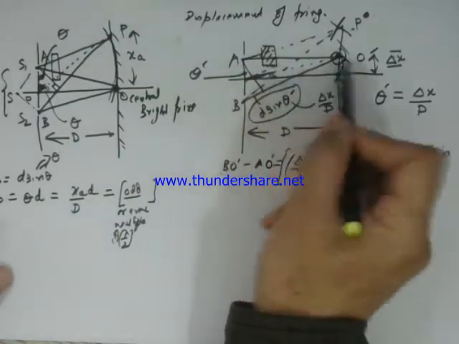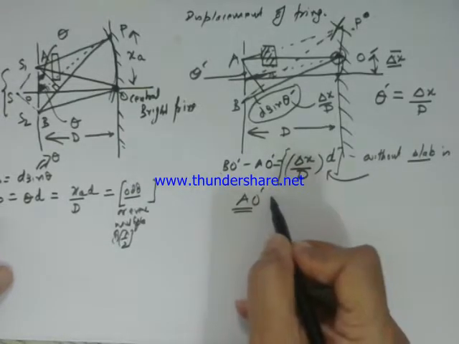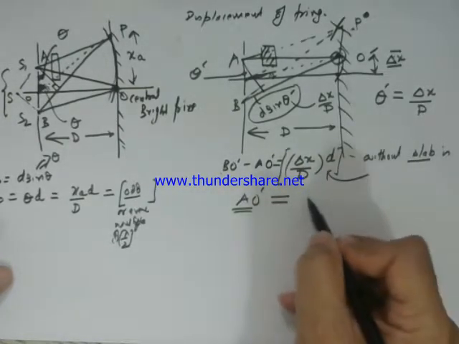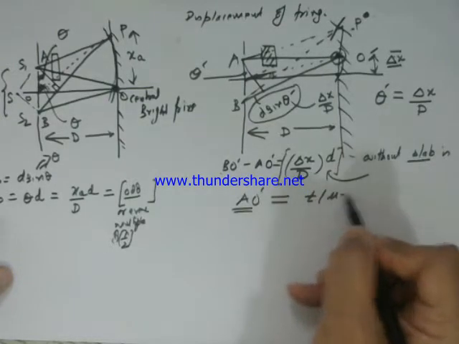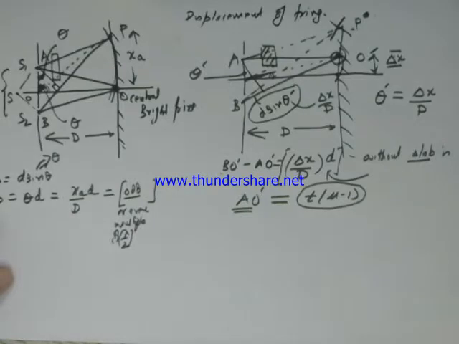then the distance AO dash will increase by an amount t times (mu minus 1). I am not doing this derivation, this can also be derived.